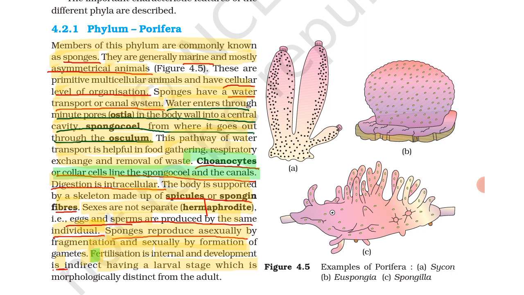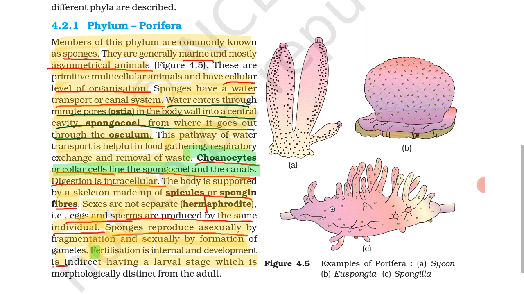This means the larval stage, the small stage of the sponge, is distinct from the adult.